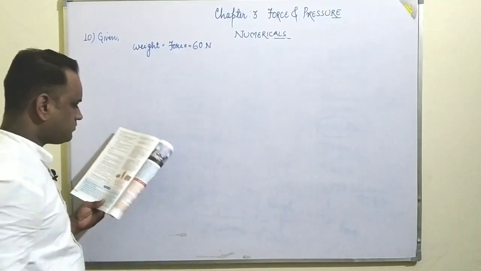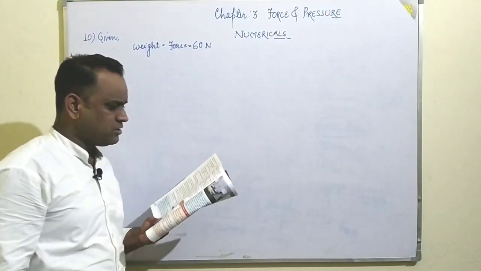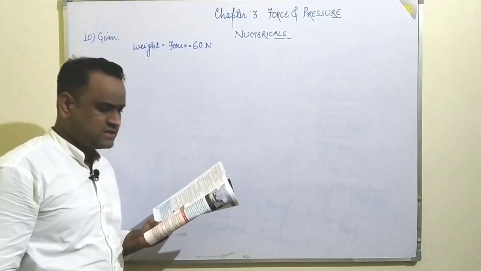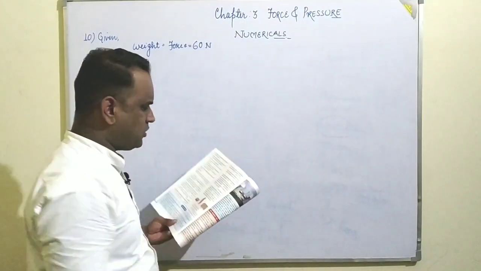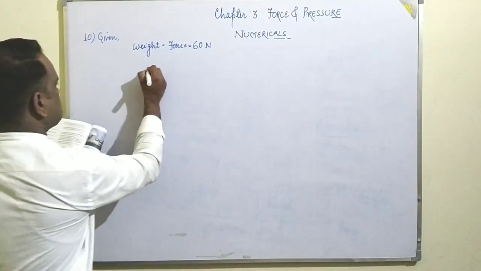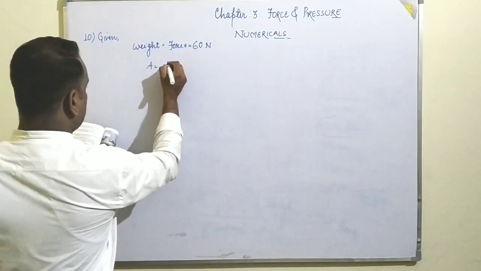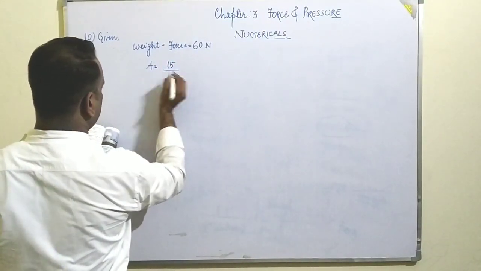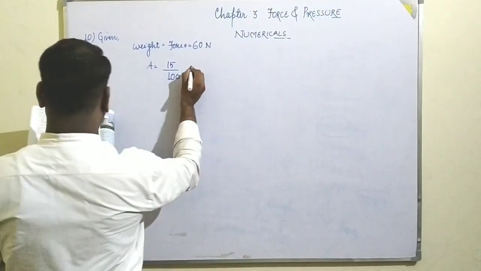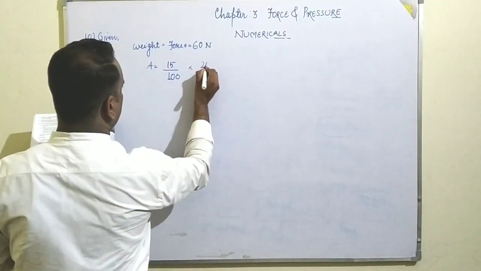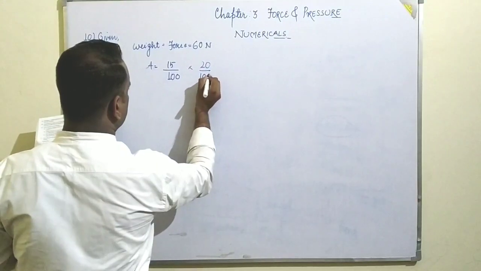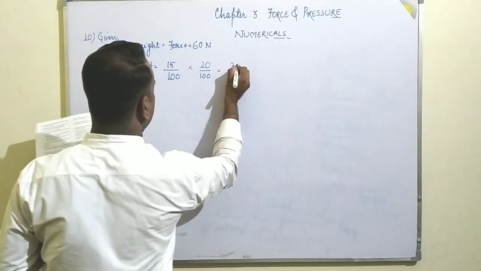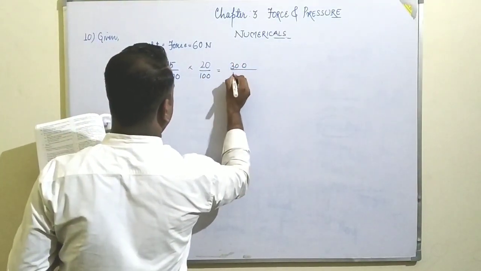We have to calculate pressure, and the area is 15 centimeter by 20 centimeter. Converting into meter, we divide by 100, so 15 upon 100 and 20 upon 100. It will be 300 upon 10,000.